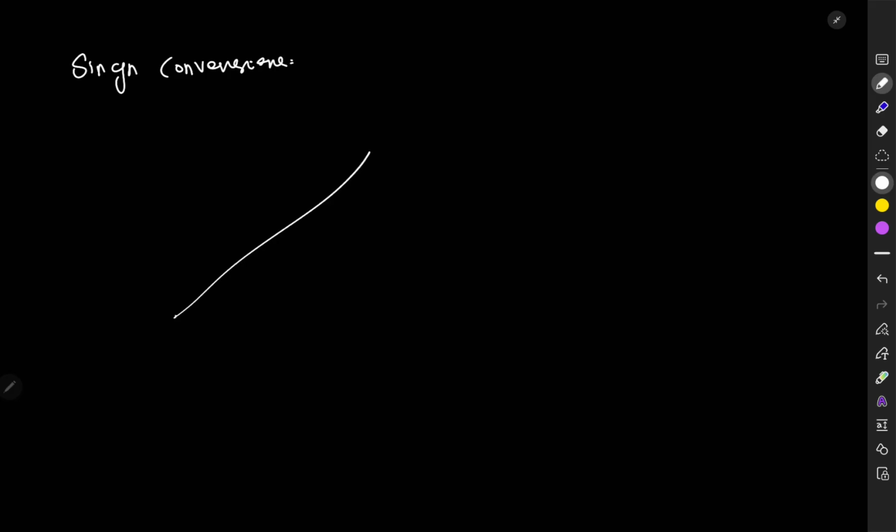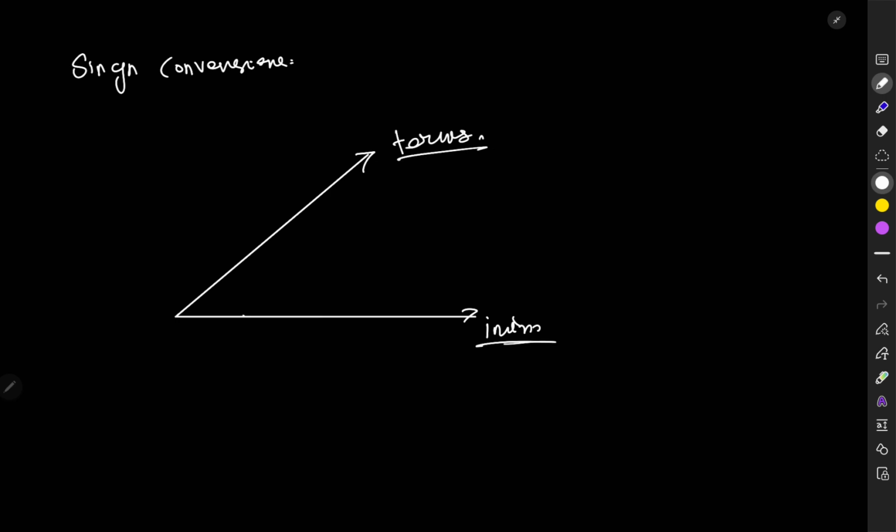Sign convention. So let's say there is a vector, we will always rotate it from initial to terminal position. So if this is initial and this is terminal, we will rotate it like this.